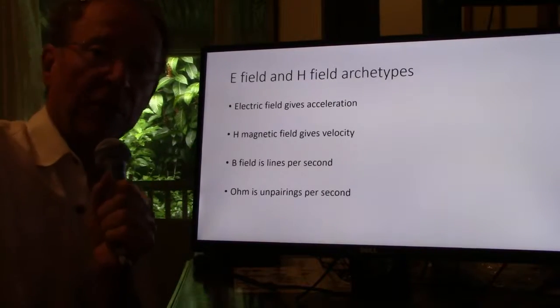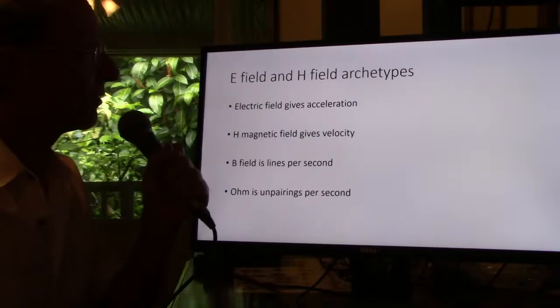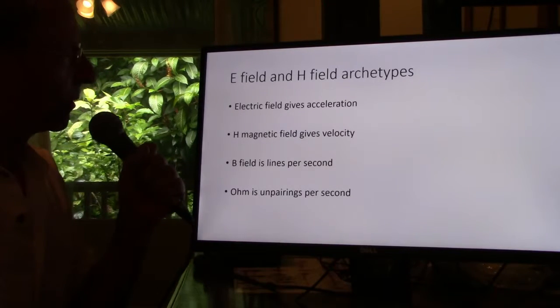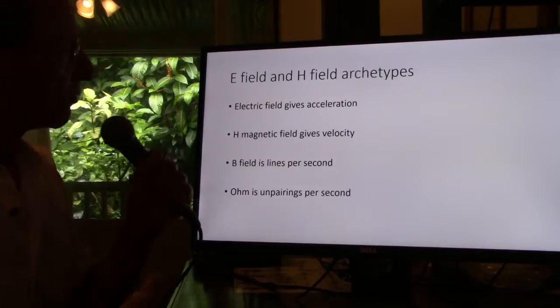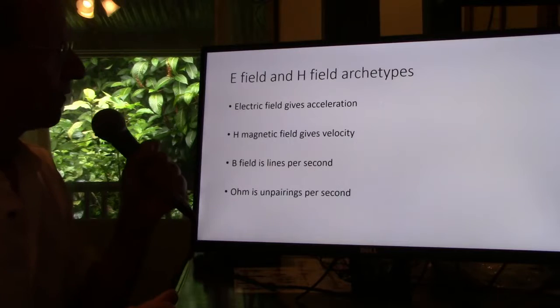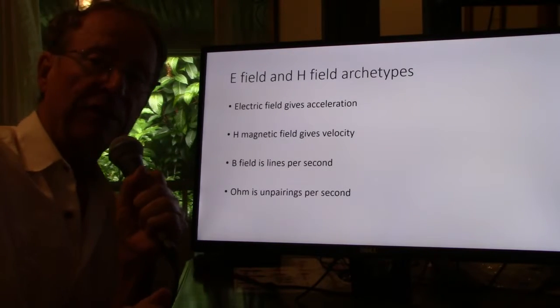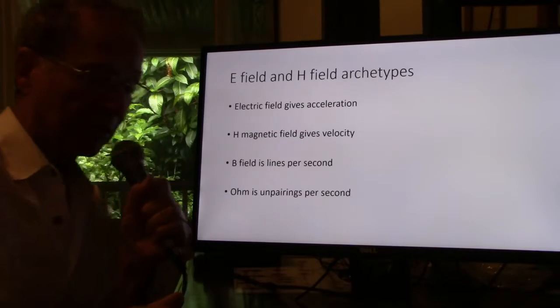Finally, we'll talk about the electric field and the H field, the magnetic field intensity, and these are archetypical in that the electric field gives acceleration and the H magnetic field gives a velocity, and it's about relative velocity of electrons and protons.